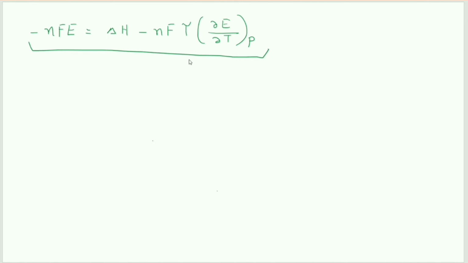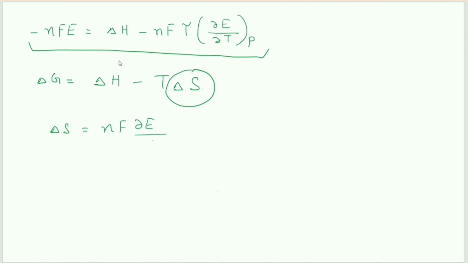Minus nFE equal to delta H minus nFT ∂E/∂T at constant pressure. This equation is in the form of delta G equal to delta H minus T delta S. Comparing these equations, delta S equals nF ∂E/∂T at constant pressure.